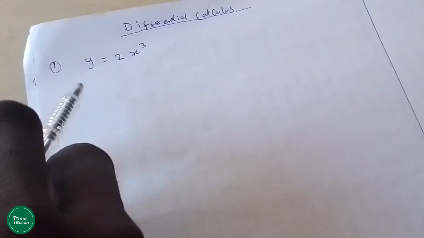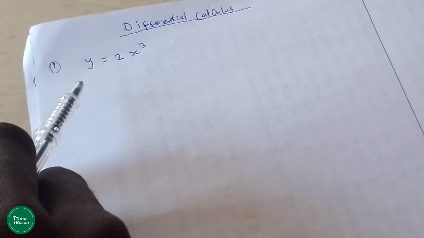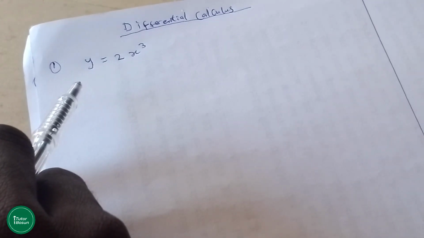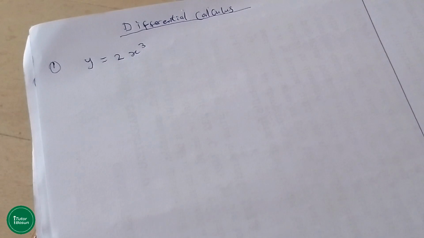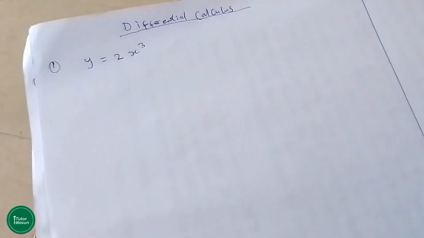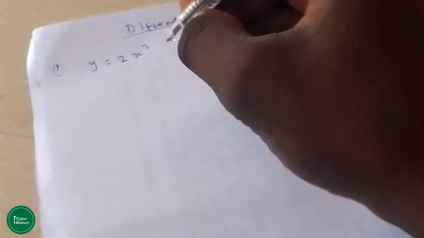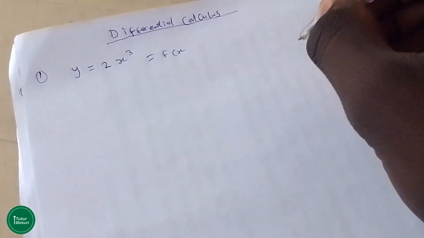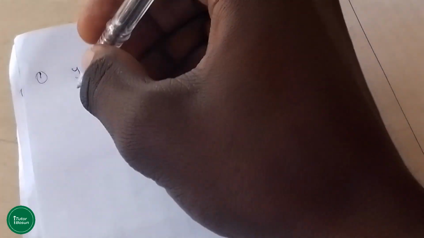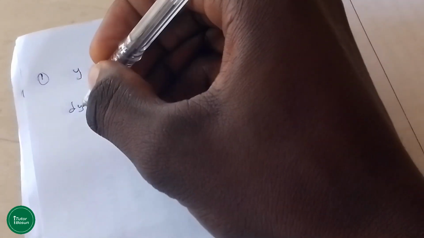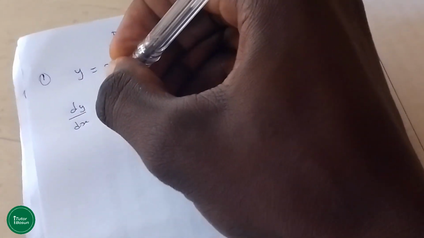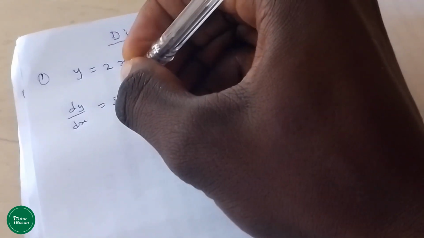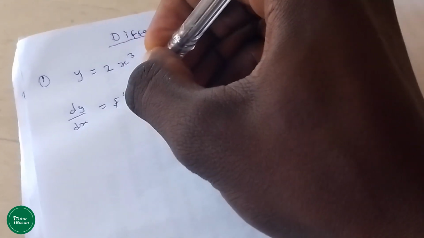For this particular function, we want to find the first derivative using the first principle. The first derivative of this function y, which is also f of x, is always denoted as dy/dx, which is also f prime of x.